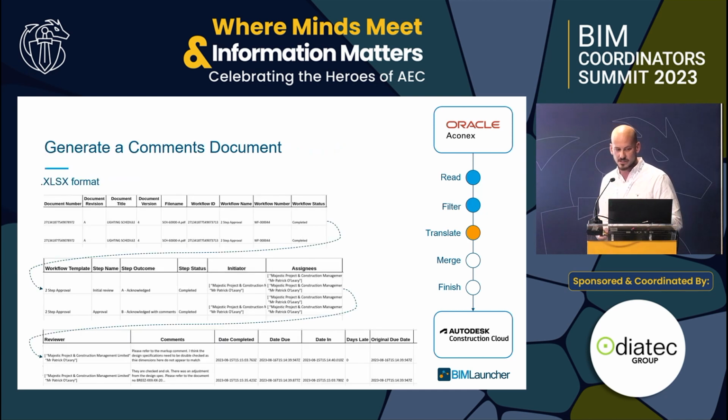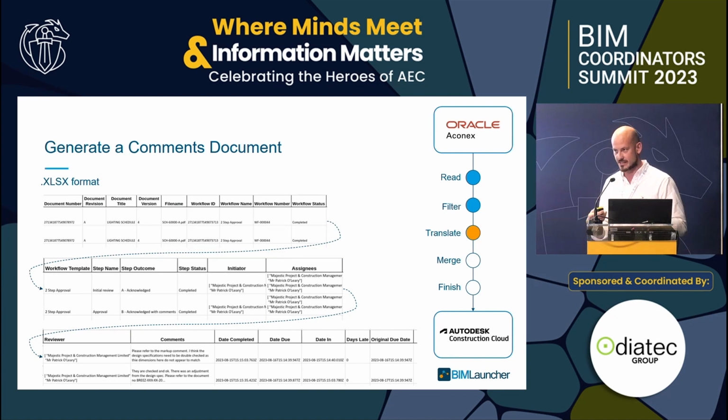The next thing that we do is we generate a comments document, and how we do that is reach into the submittal workflow in Aconex and pull out all the information with regards to that workflow, such as the step status, the step outcome, who made the comments, and so on. And we push that into an XLSX format.